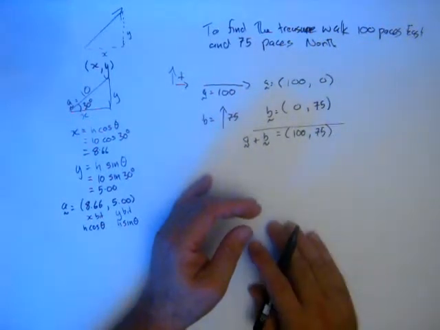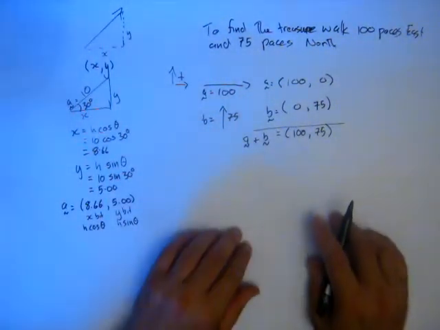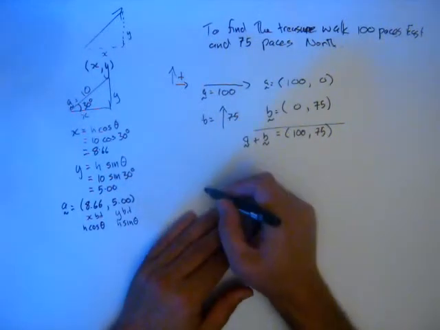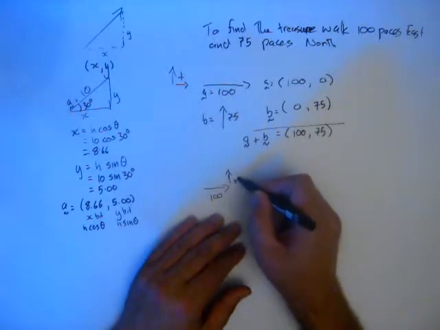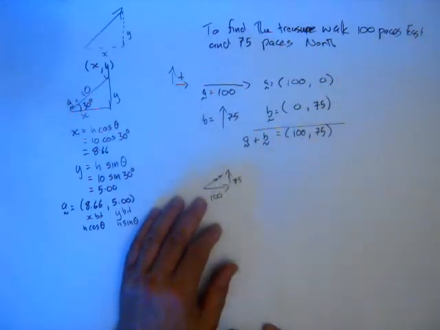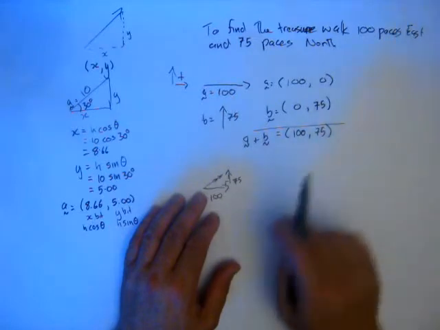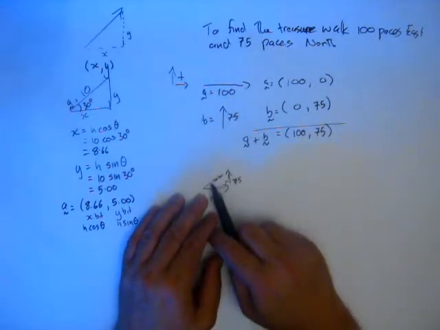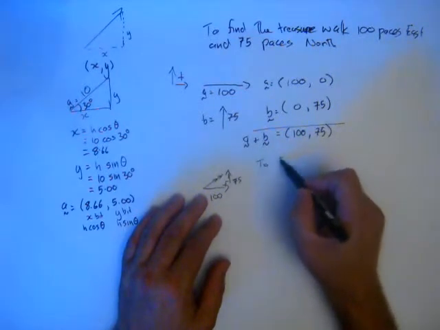Okay, so that is a vector. Now if we want to convert that back into a triangle form, if I sketch this in, we've got 100, 75, and I end up with a vector like that. This is my vector. This system is always set up so that there's a right angle. How do I find the length of the vector?